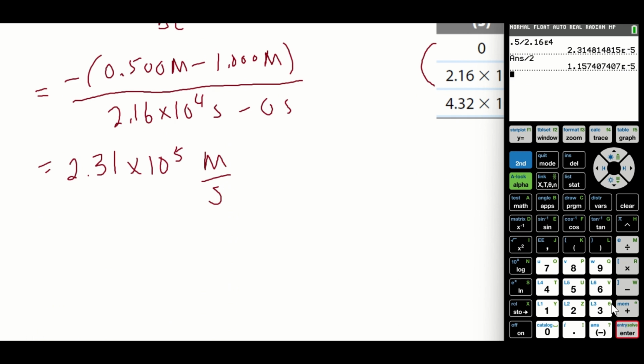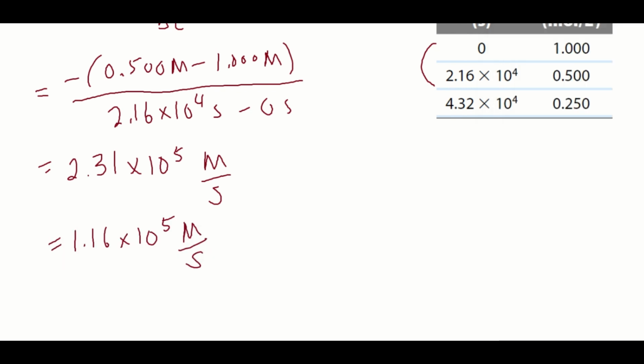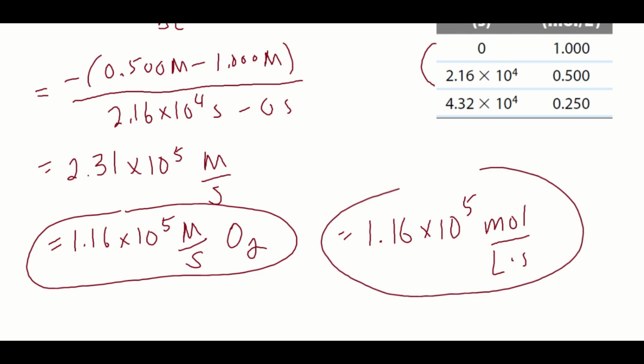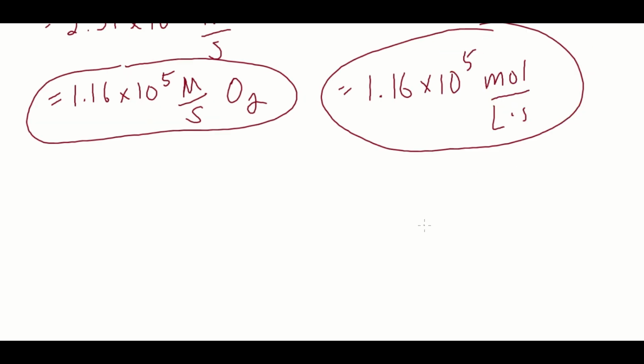So our answer to part A is going to be 1.16. And you should use your stored numbers to do calculations and round at the very end. If you want to use moles per liter as your units, that can be your answer as well. So I'll also show my work.